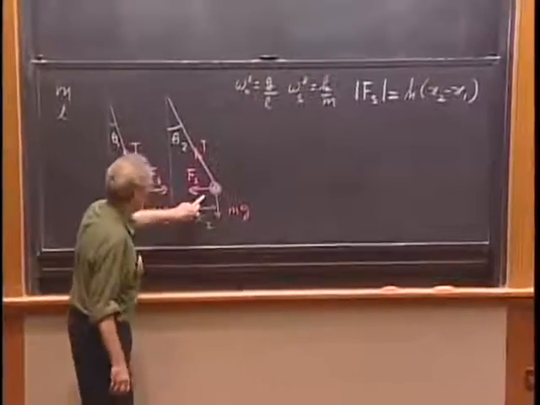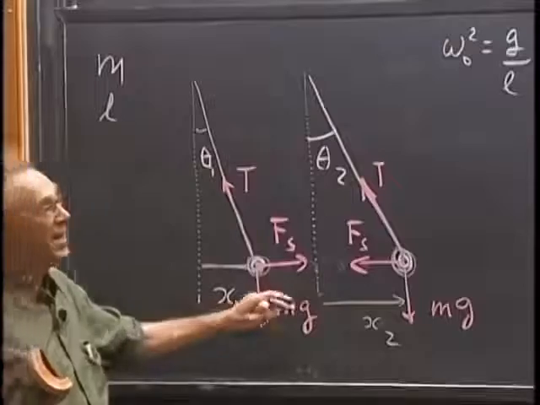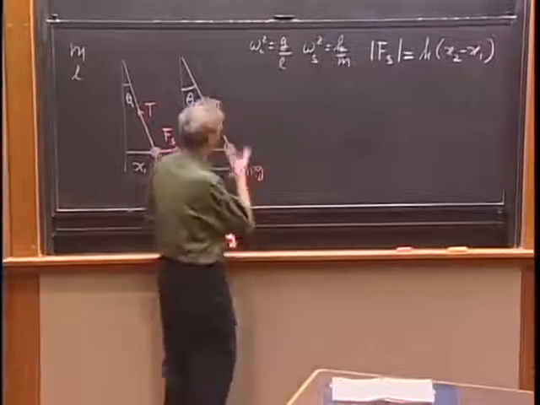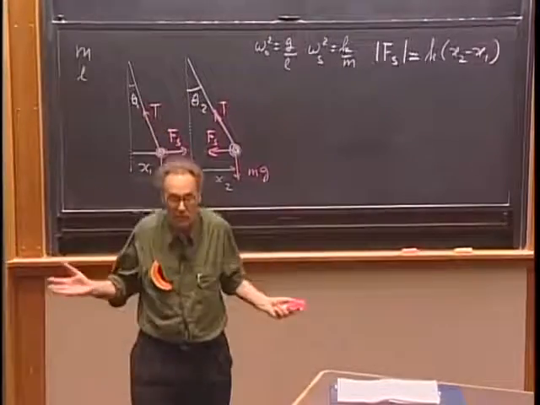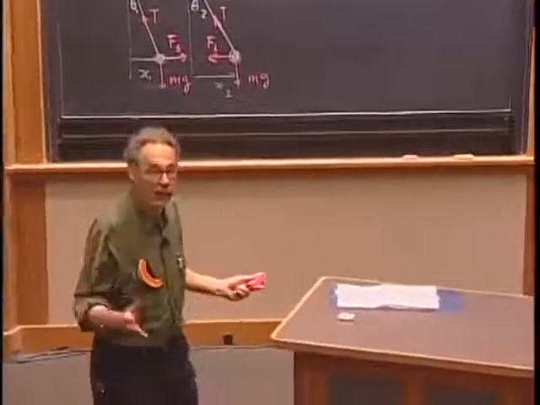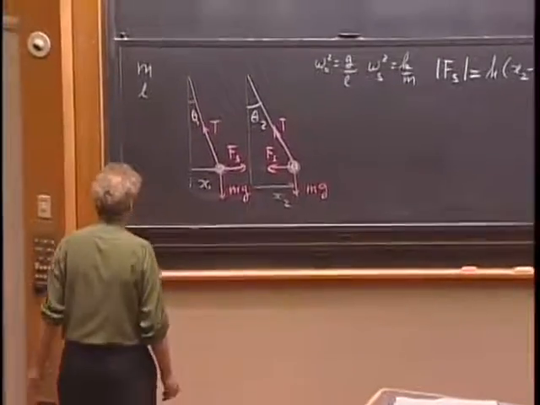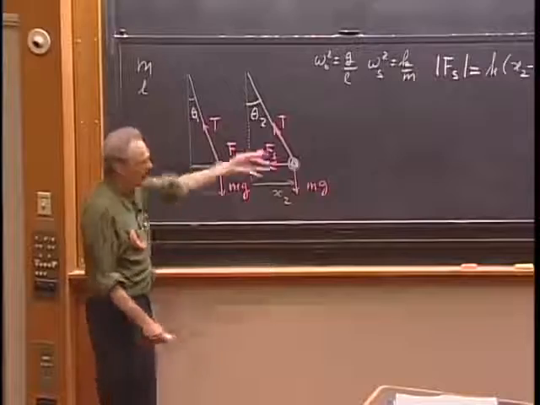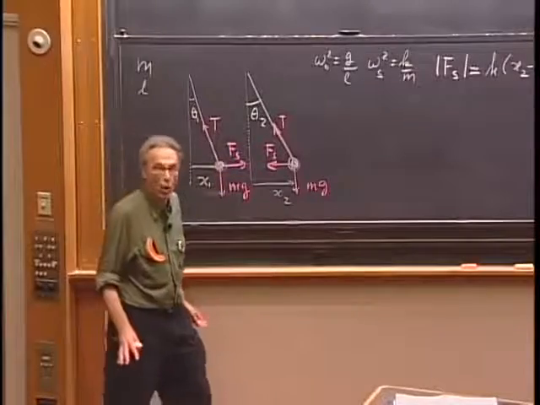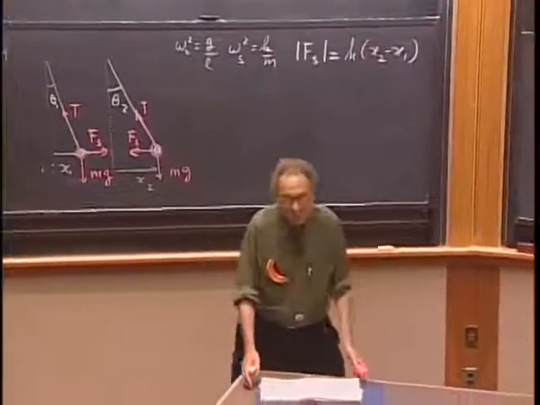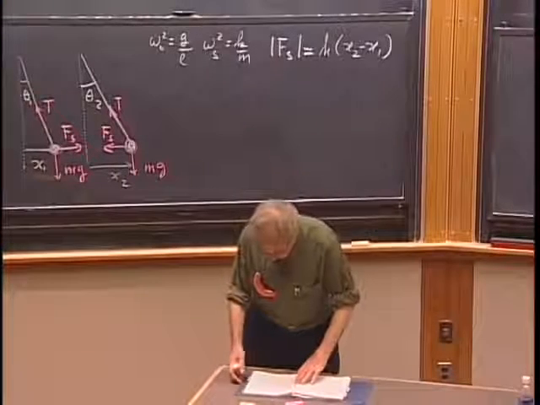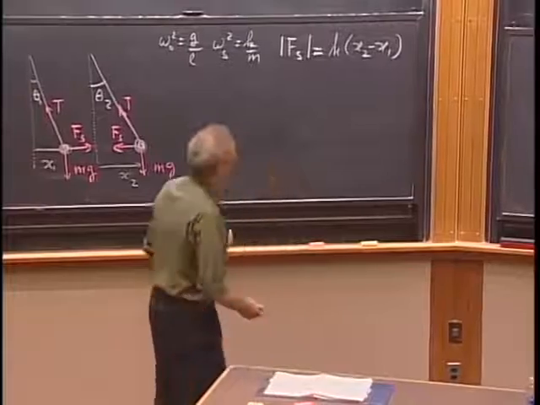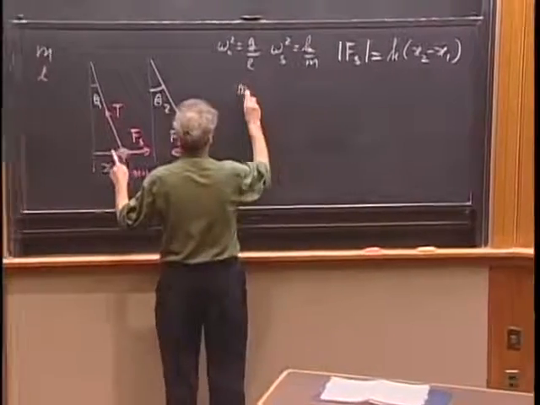As long as I give this a minus sign and this a plus sign, I'm okay, because if x2 is smaller than x1, it will automatically flip over, and my algebra is fine. So therefore, in my head, I can just think of x2 being larger than x1, set up the differential equations, and I no longer have to worry about the fact that maybe x2 at certain moments in time is not larger than x1.